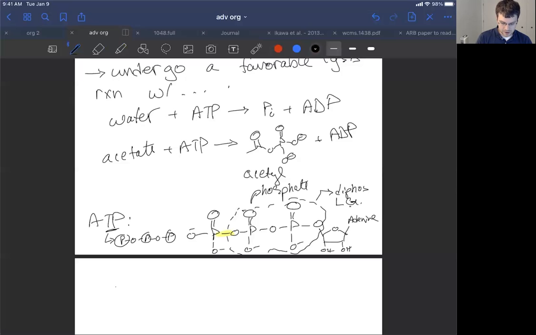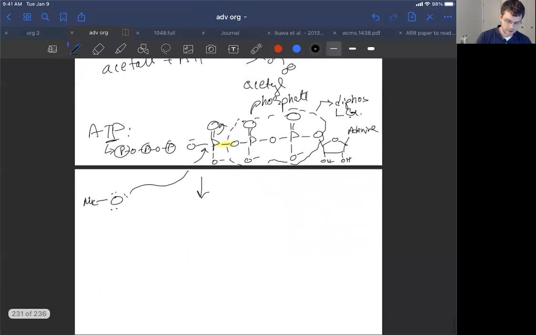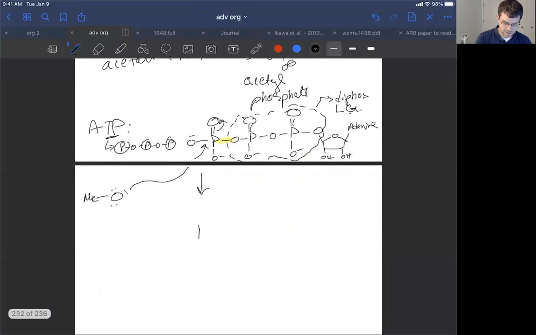Okay, so what happens here is if we have O on our nucleophile, O on our nucleophile is going to consider some lone pairs. It's going to add to the phosphate at the end, and we're going to get an addition elimination sequence. We've got a ton of O minuses, but now we've got our O nucleophile.